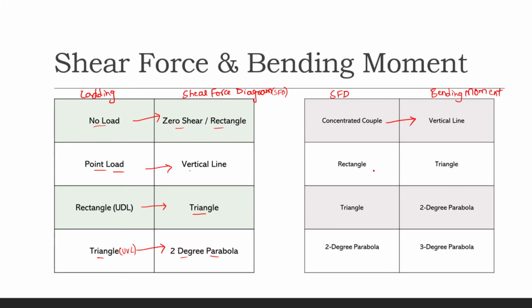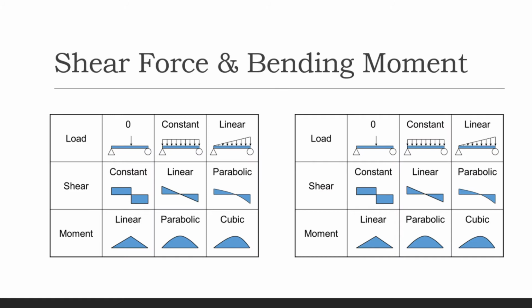If you have a rectangle in the shear force diagram, it will translate to a triangle in the bending moment diagram. If you have a triangle in the shear force diagram, it will translate to a 2-degree parabola in the bending moment diagram. If you have a 2-degree parabola as shear force diagram, it translates to a 3-degree parabola in the bending moment diagram.